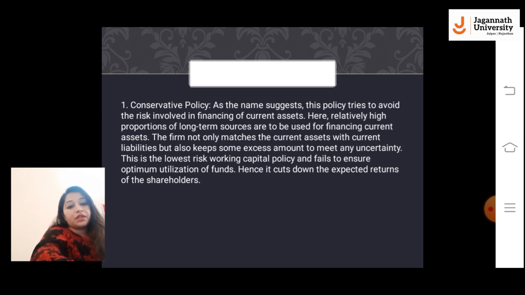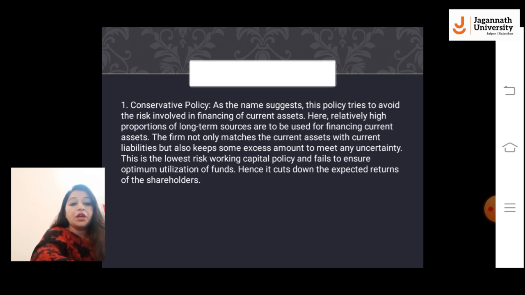First approach is conservative policy. As the name suggests, this policy tries to avoid the risk involved in financing of current asset. Here, a relatively high proportion of long-term sources are used for financing current asset.